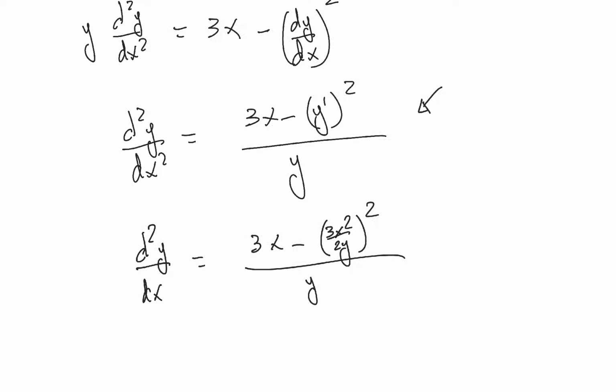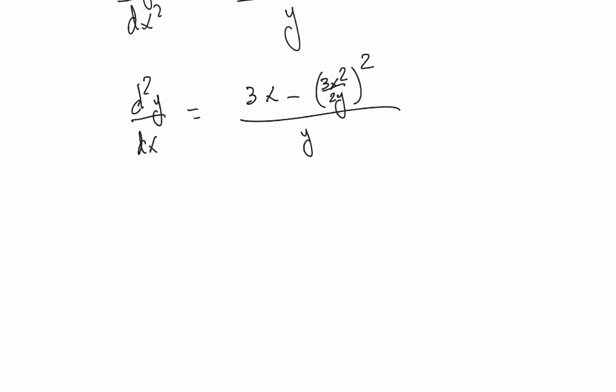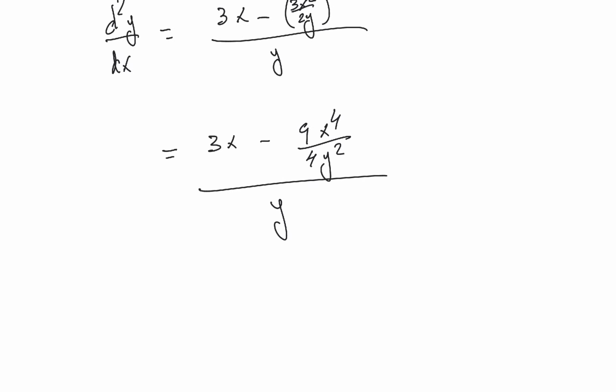And now it is in terms of x and y. So it would be 3x minus 9x^4 divided by 4y squared, divided by y. Or 3x divided by y minus 9x^4 divided by 4y cubed. And this is the final result.